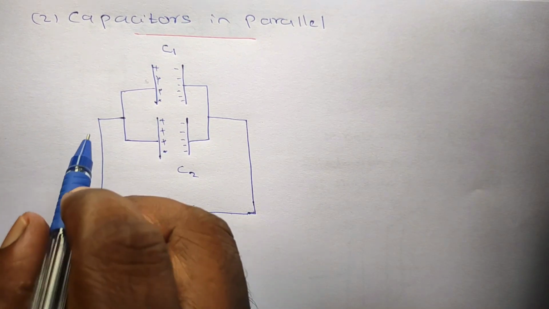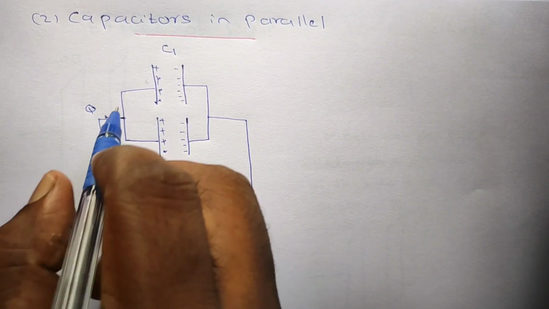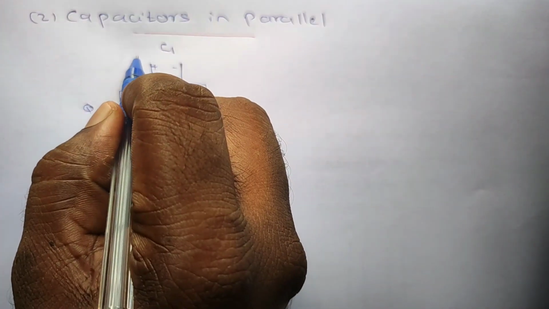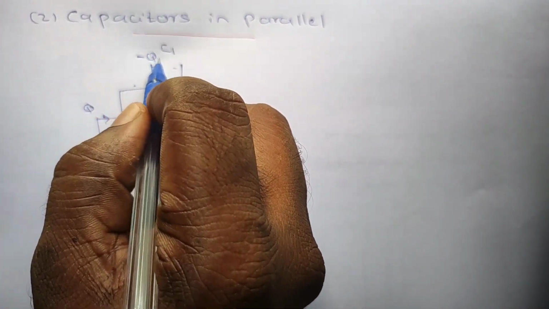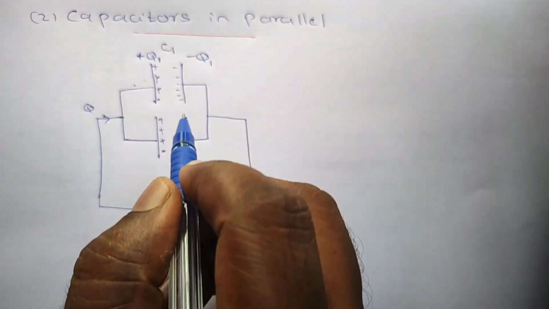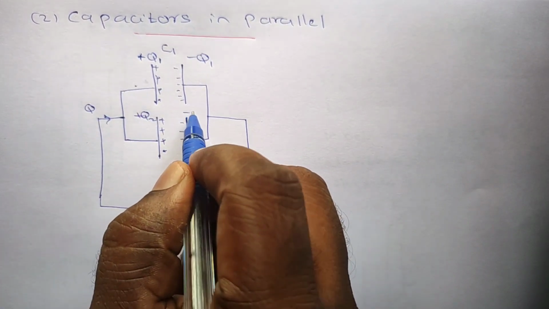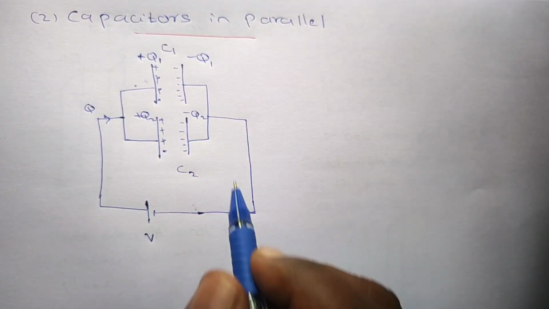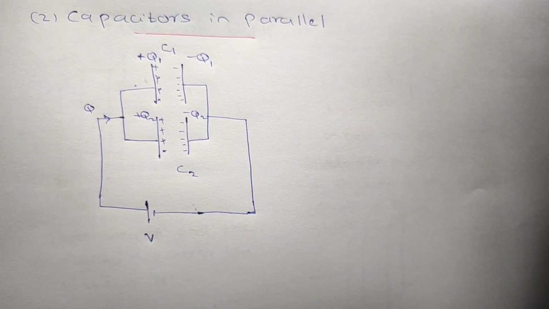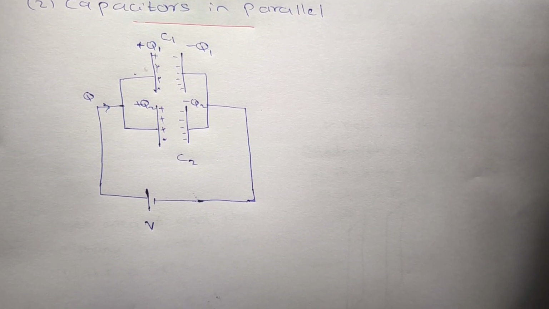What will happen? A charge Q comes from here. From this, plus Q1 charge is stored, and minus Q1 here. Here there is plus Q2 and minus Q2. Clear? So in the parallel combination, the charge stored in each capacitor is different.